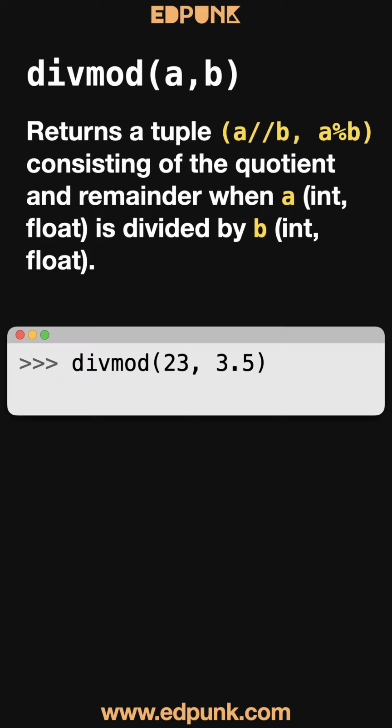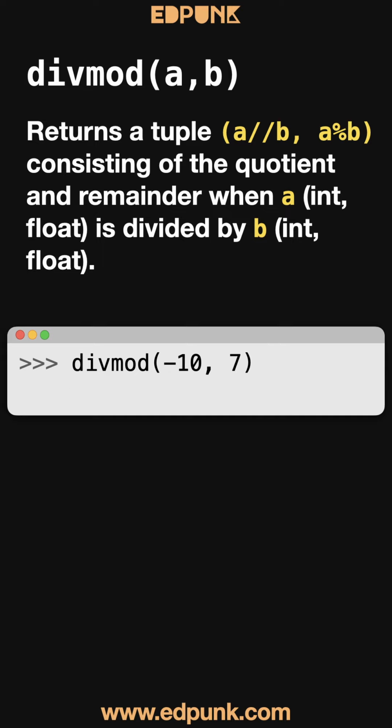For example, divmod 23, 3.5 returns the tuple 6.0, 2.0 as 23 when divided by 3.5 yields a whole number divisor 6 and remainder 2. As one of the arguments is of type float, the resulting tuple items are also of type float.